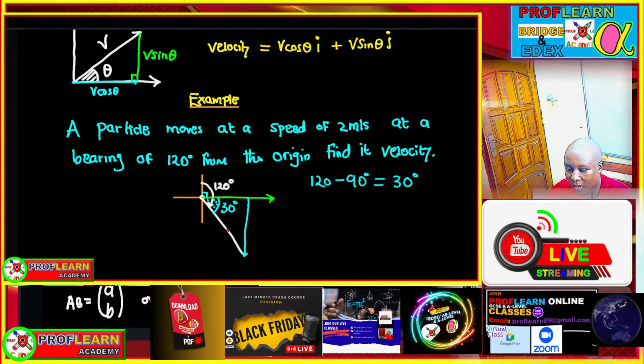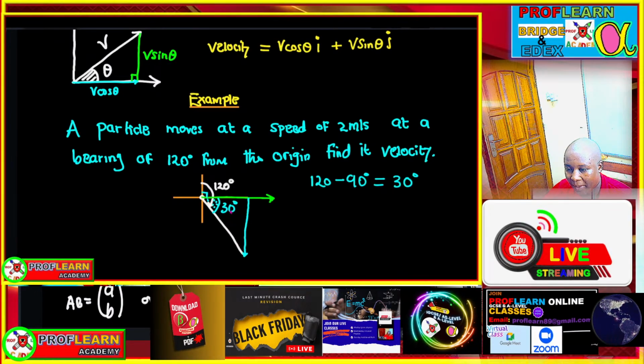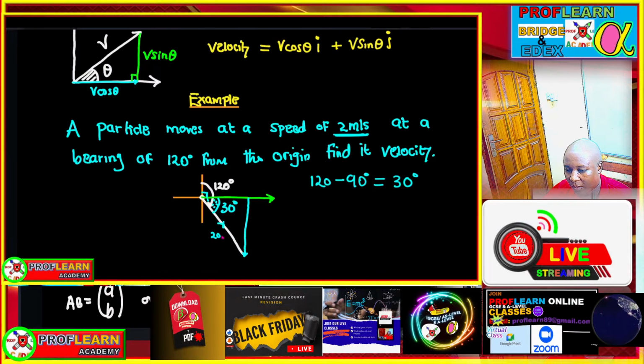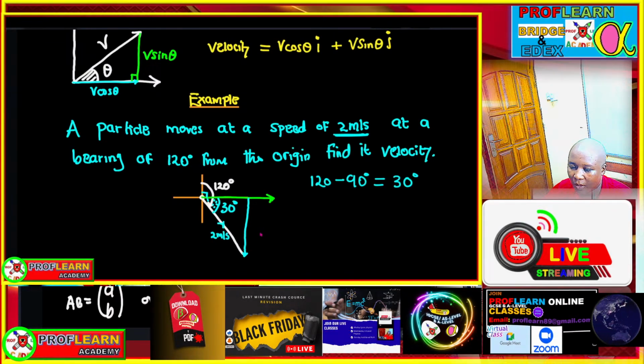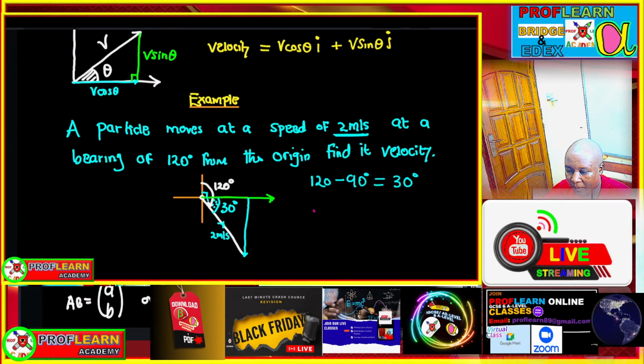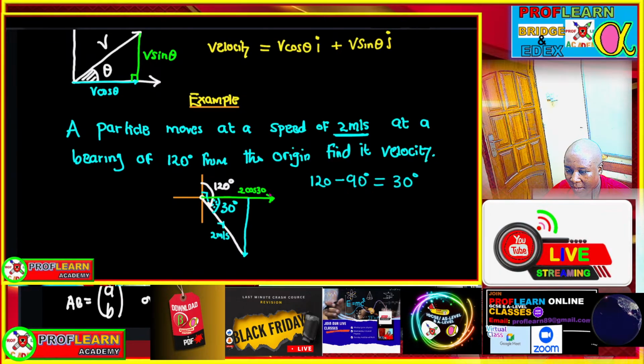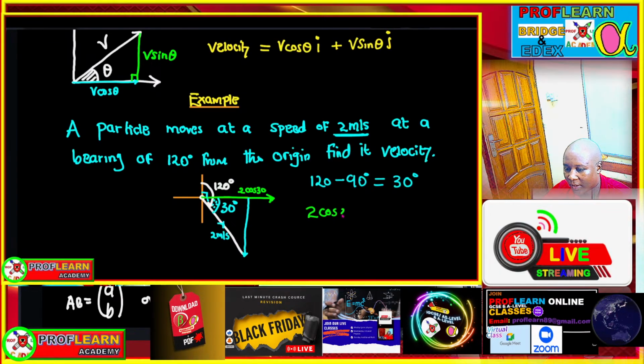Next, we need to find the horizontal and vertical components of this particular motion. The speed here is 2 meters per second. If we want to find the horizontal component, that's going to be 2 cos 30 i.